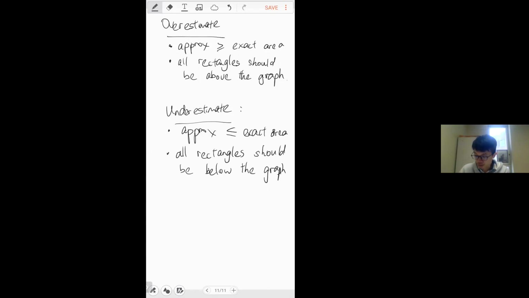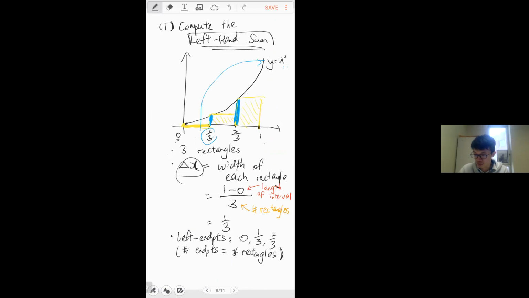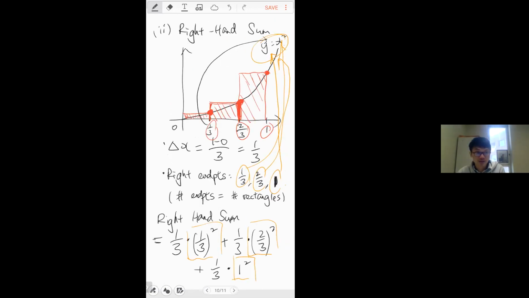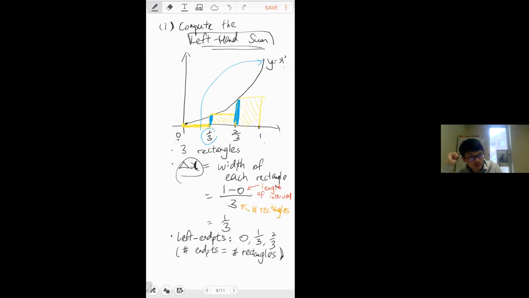Now, going back to our question. We use two methods to approximate the area. The first one is the left-hand sum. The second one is the right-hand sum. Which one is the overestimate? Which one is the underestimate? Good question. So is right-hand sum always the overestimate and is the left-hand sum always the underestimate? Okay, one at a time.